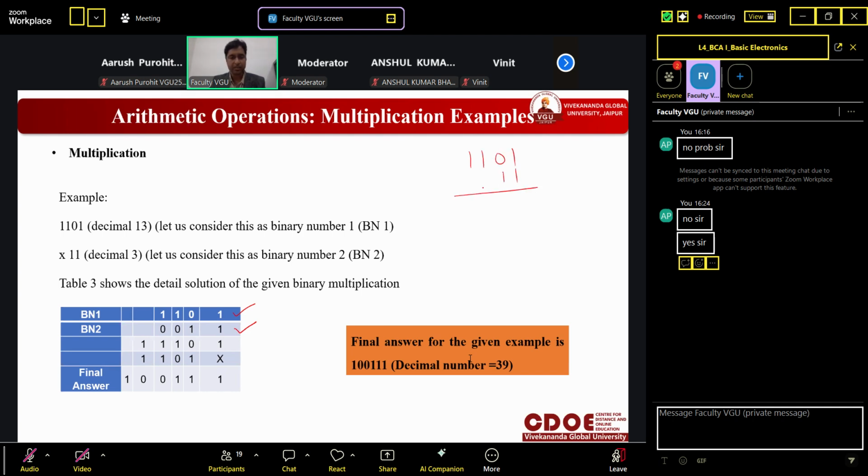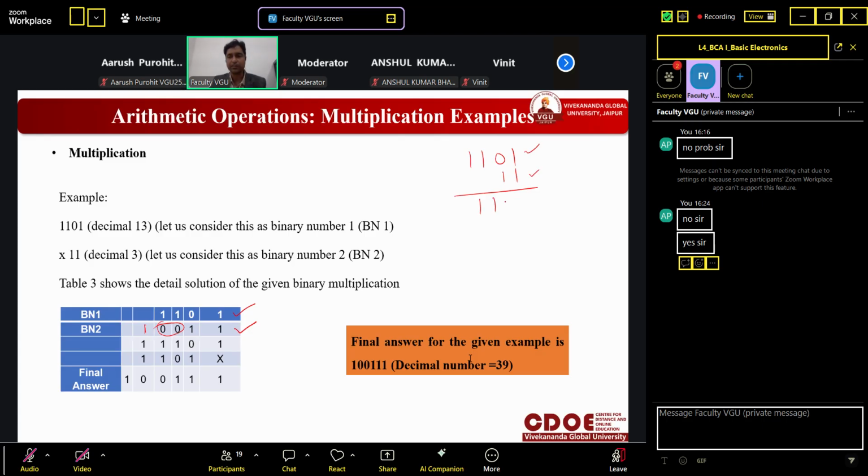Okay. These are additionally written. There is no need, because if the leftmost is 0, you can skip. Okay. So actually the number is 1, 1. So you have to multiply this by 1, 1.